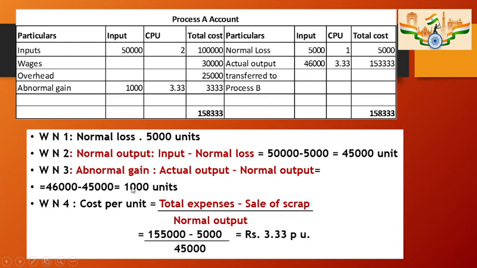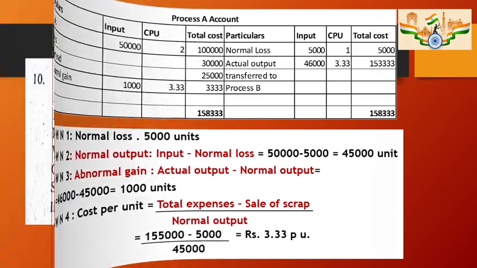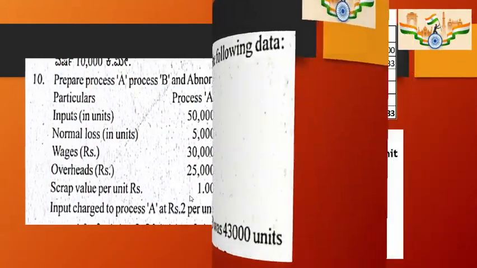So to calculate the value of this abnormal gain and actual output transferred to process B, you have to calculate the cost per unit. Cost per unit equals total expenses minus sale of scrap divided by normal output. So total expenses were calculated from here.